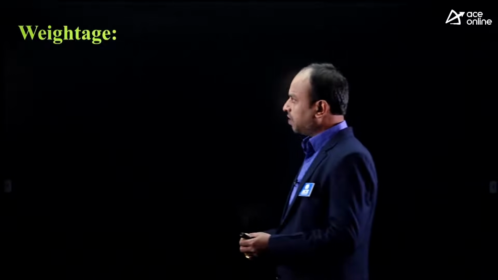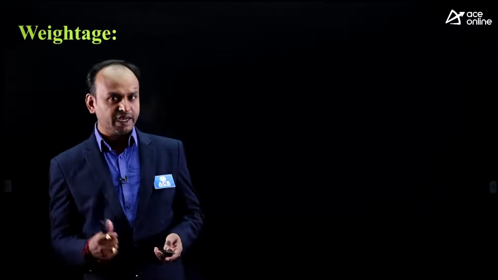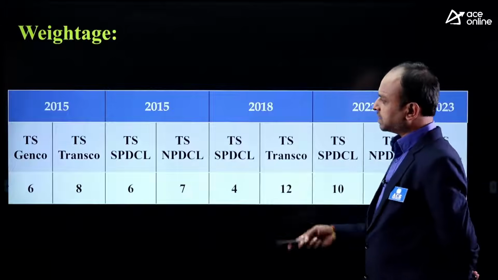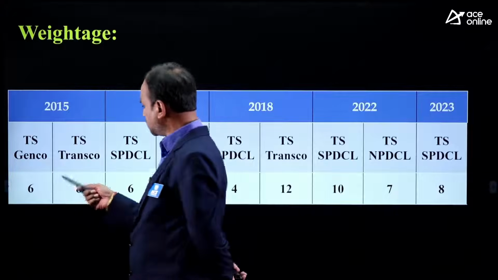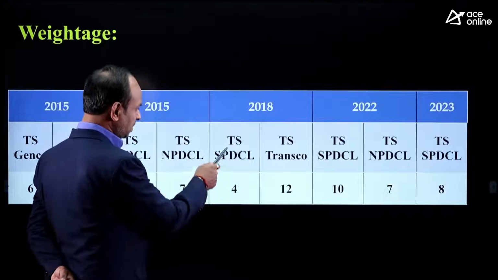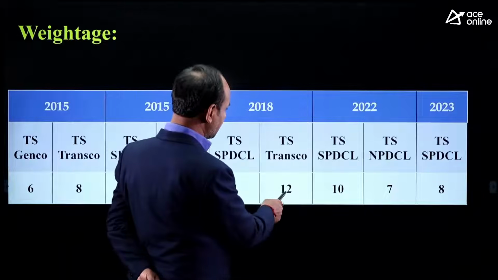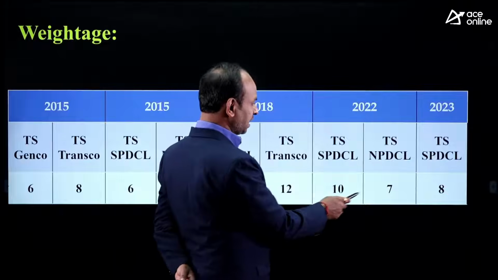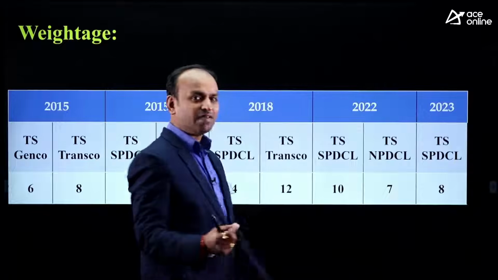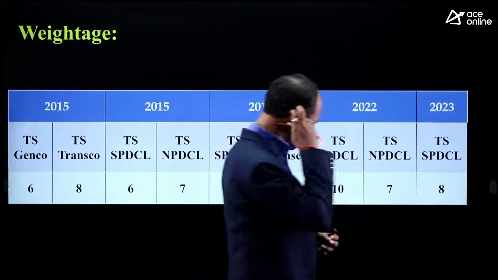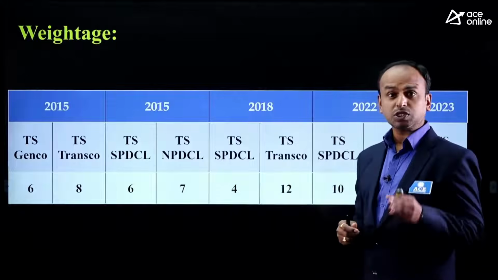Now the weightage. If you observe the previous papers, the weightage is 6 questions in one, TS Transco 8, SPDCL 6, NPDCL 7, and TS Transco 2018 12 marks, SPDCL 10, 7, 8. So on average we are getting around 10% weightage, and it is a scoring subject.